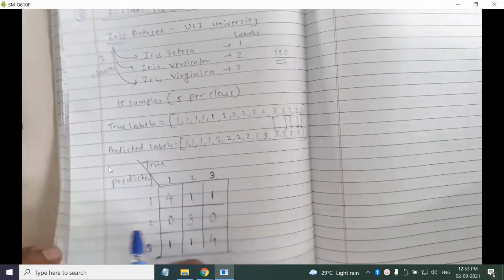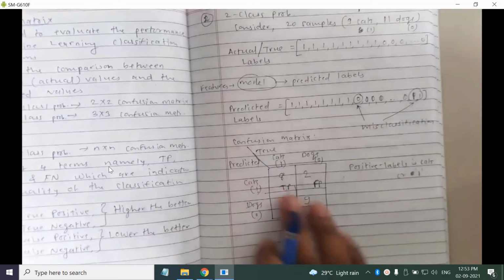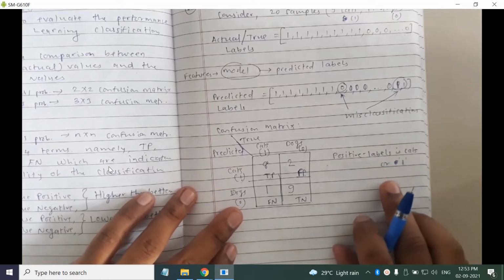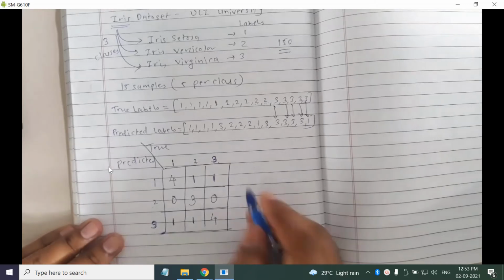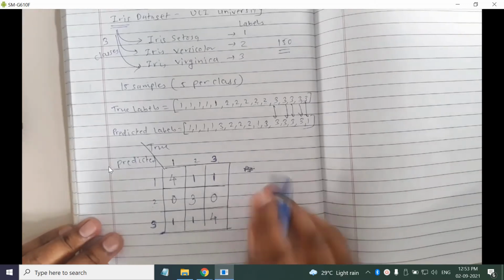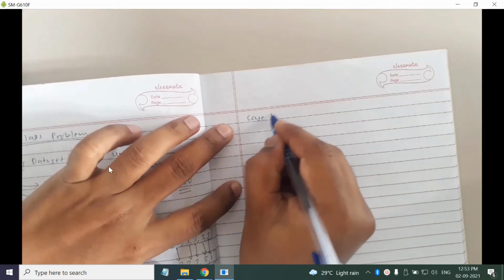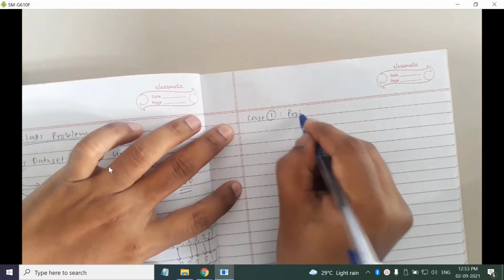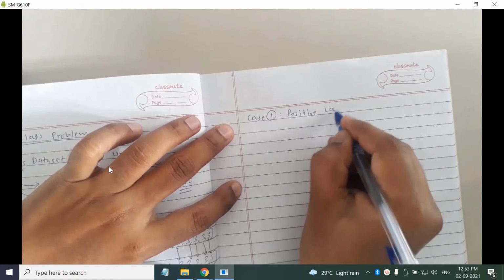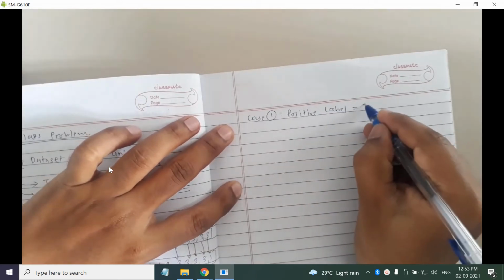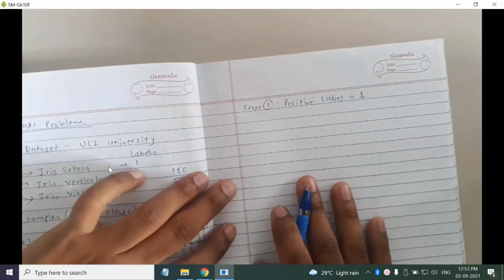Now similar to a 2 class problem, here also you have to consider what is your positive label. Okay, so consider your positive label. Case 1, positive label is 1. Okay, you have considered that 1 is your positive label.